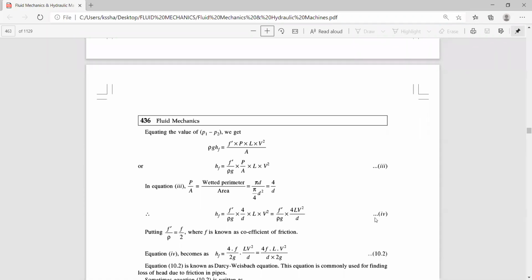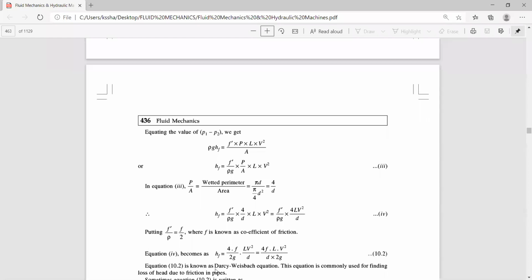Okay, now equation 4 changes to HF equal to, in place of F dash by rho we substitute F by 2, so 4 F L V square divided by 2 g D. So your equation becomes HF equal to 4 F L V square by D into 2g.